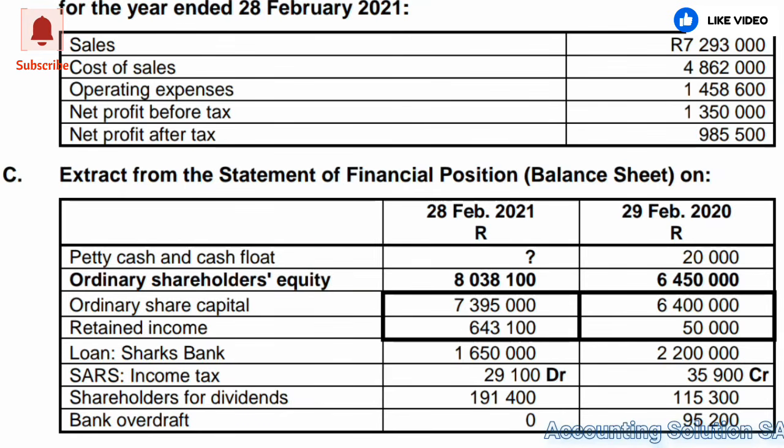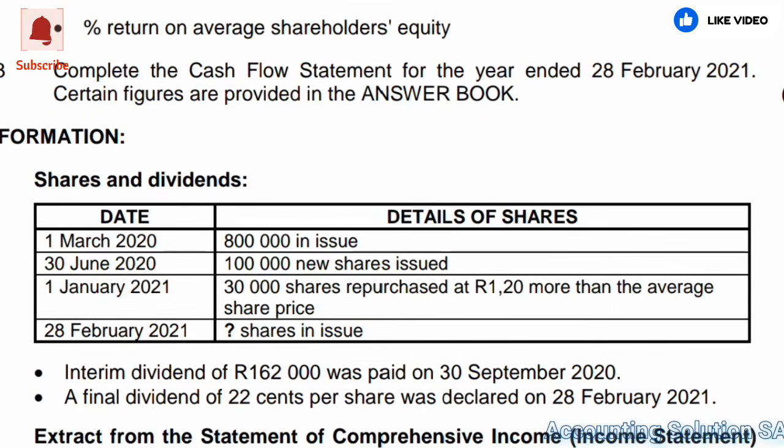Then we divide by the balance of shares in issue, 800,000 plus 100,000 minus 30,000, which gives us 870,000 at the end. Then our average share price will be 8 rand 50. Very, very simple.